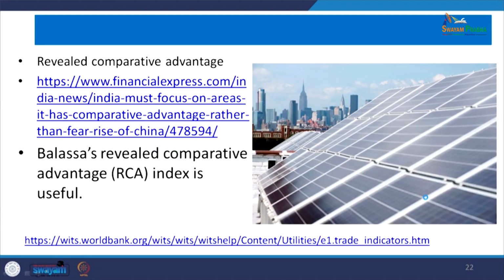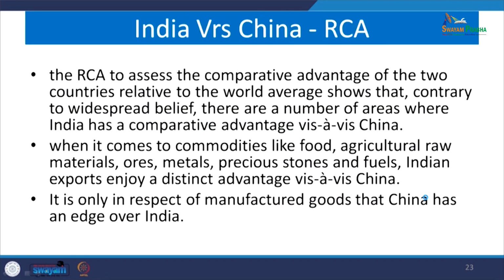In the last 1 minute of discussion, I will talk about the examples we have already made. The last slide for the discussion of this particular lecture is on India and China. We have repeatedly said that China has advantages in manufacturing, whereas India has many other advantages. So, the bottom line here is that India should not be worried.